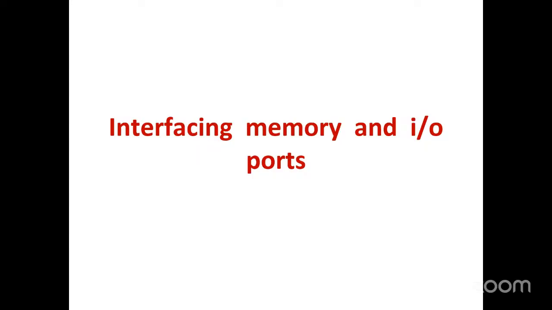That means there are 20 address lines. Using the 20 address lines, the 8086 can access 1 MB of memory from external memory devices. So now we'll discuss how we interface memory to the 8086 microprocessor.